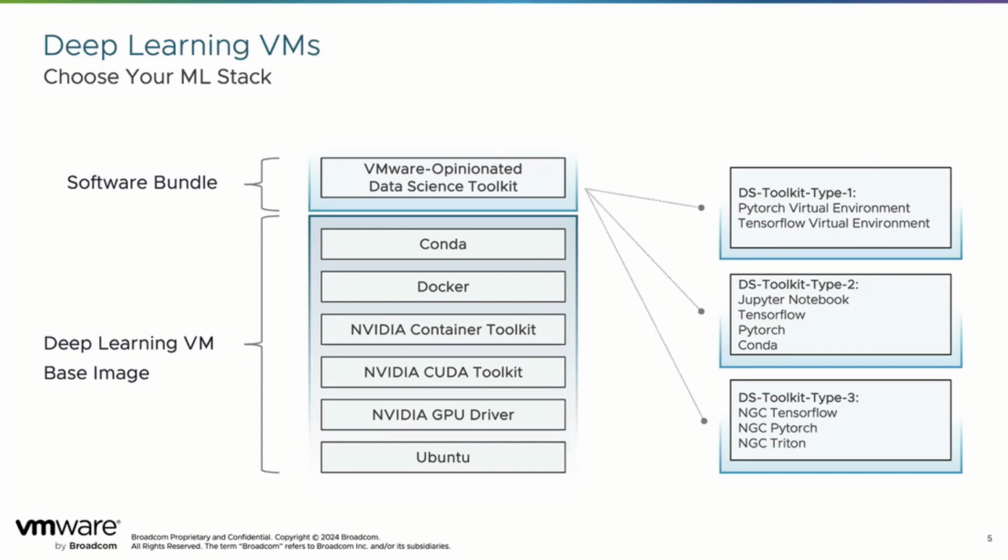So you're going to get a set of these from us as part of the Private AI Foundation with NVIDIA. And in those VMs are various data science toolkits, simplest one being TensorFlow or PyTorch, which I'm going to show you in a few seconds. But of course, a data scientist is going to be using a Jupyter notebook. Everybody's using a Jupyter notebook now with Python in it to do data science.